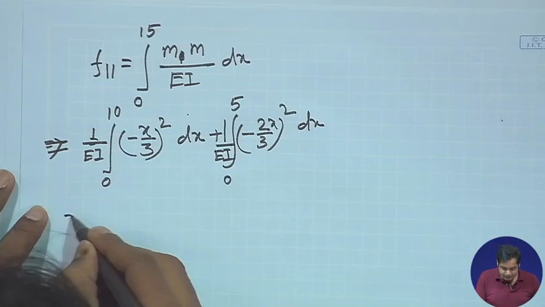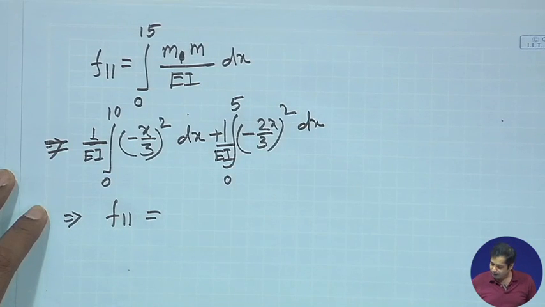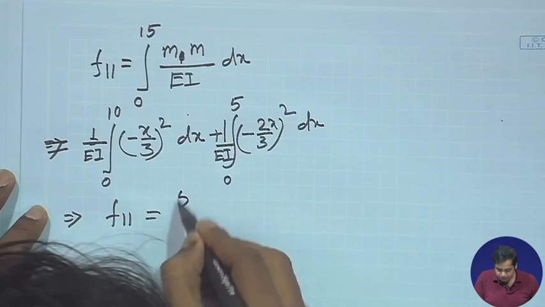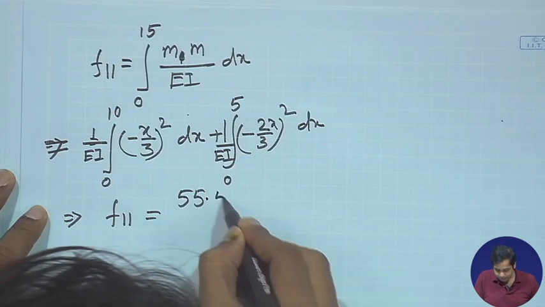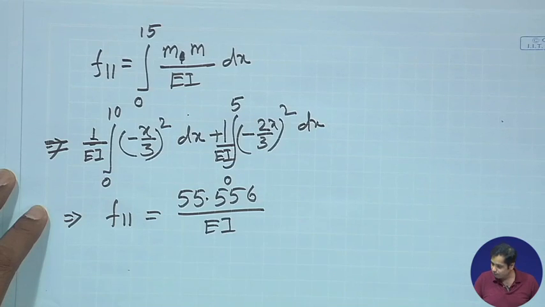Okay. And this becomes F11 if you do this integration, and this becomes 55.556 divided by EI. Okay.